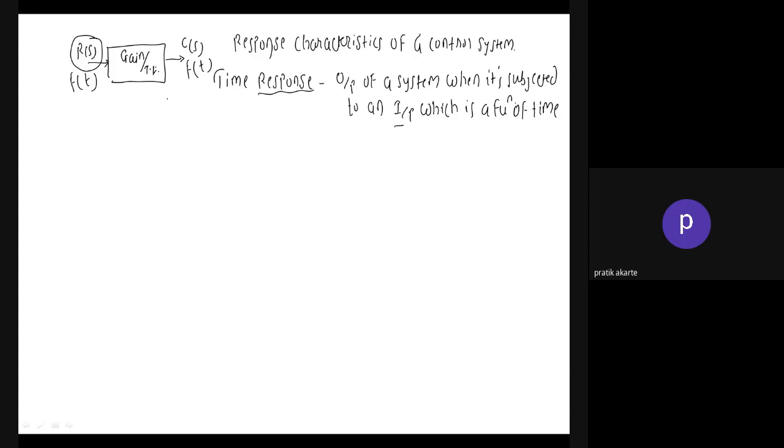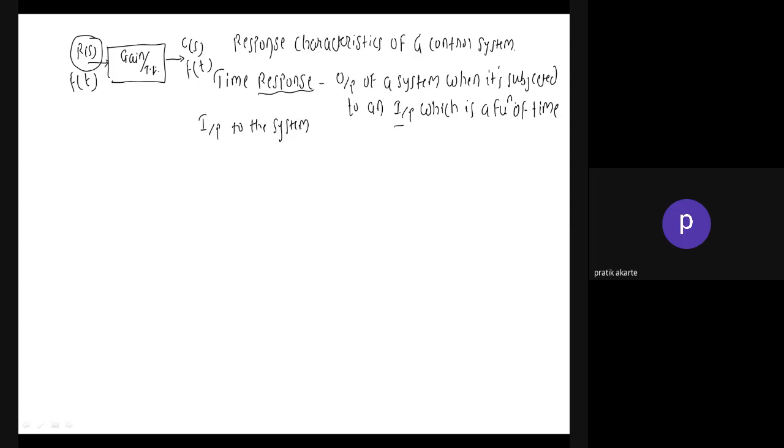When some person enters the lift and presses the 11th floor button in the lift, that 11th floor button, after pressing, is the input to the system. Whatever floor number button he or she is pressing, that is the input to the system.